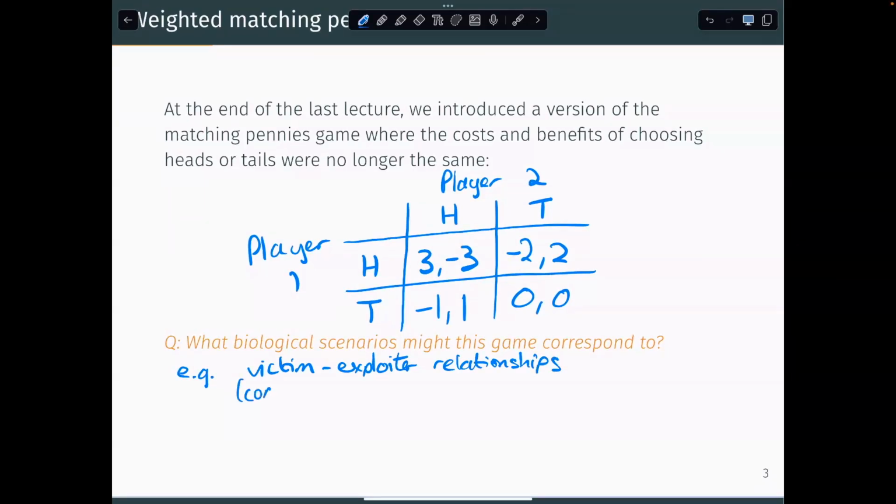These sometimes are also referred to as consumer-resource, where the resource is the victim and the consumers are the exploiters here. So just to make sure the order of those things is correct. But the weighting here is basically saying that there are some additional costs or benefits.